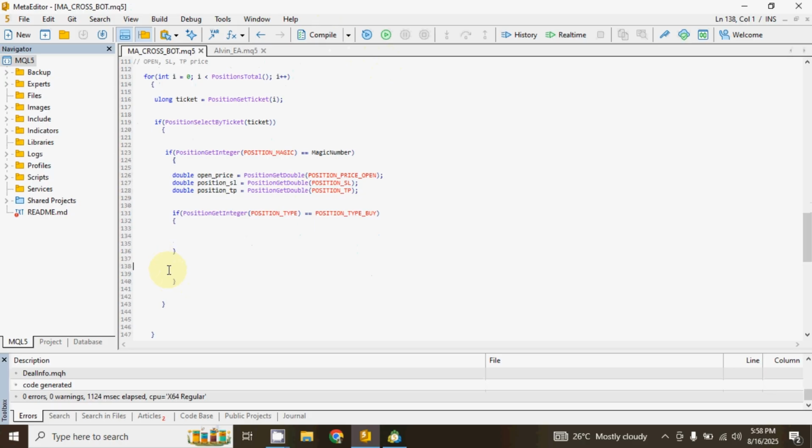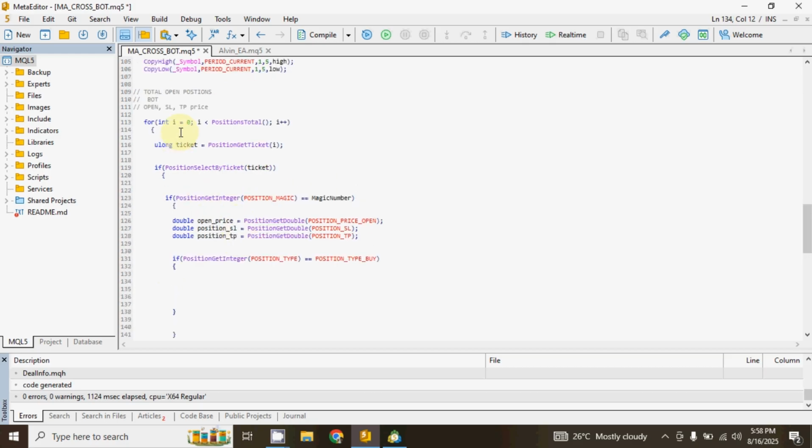The next thing now is to write another condition, but let me explain the logic again from the beginning. The first thing we did was to look through all the open positions on the account, irrespective of whether it was taken by the bot or not. The next thing is that we are getting the ticket, which is a special ticket for each and every open trade on the account.